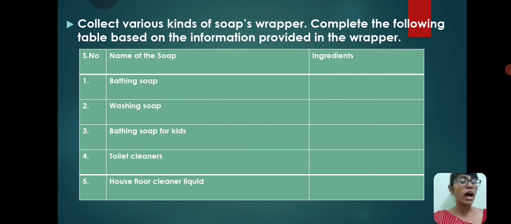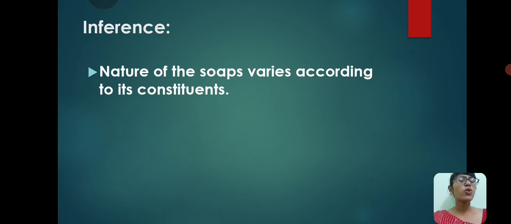Behind that wrapper, the ingredients will be mentioned. Okay, write down what ingredients have been used for the manufacture of this soap, by which you will have a clear view about these soaps. So the overall inference is, the nature of the soaps varies according to its constituents.